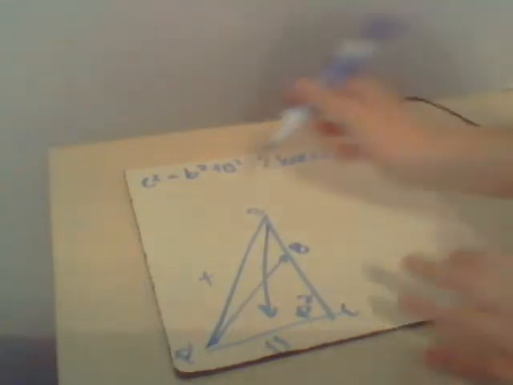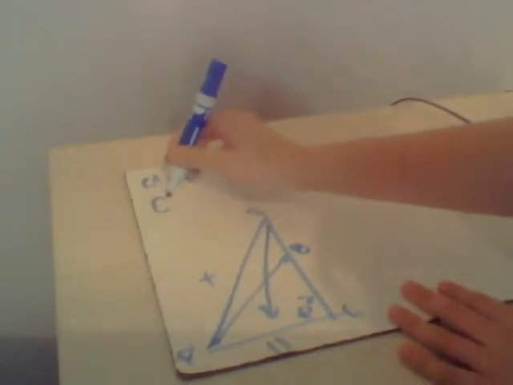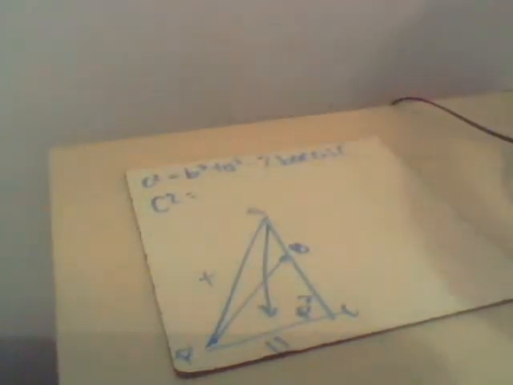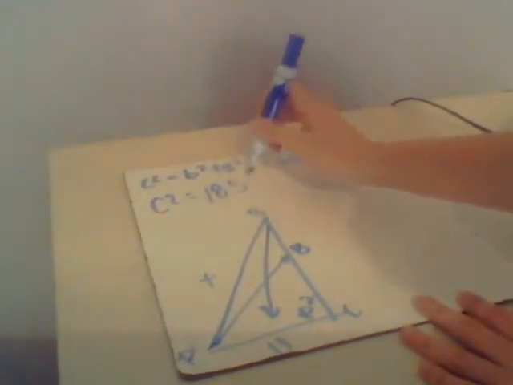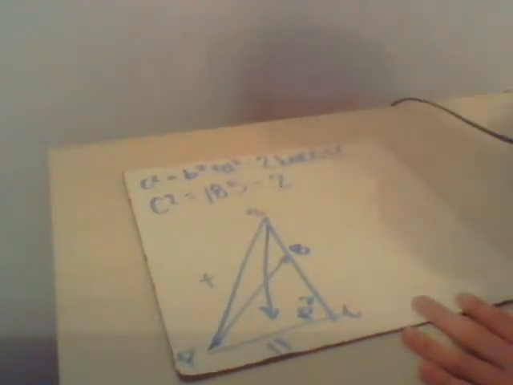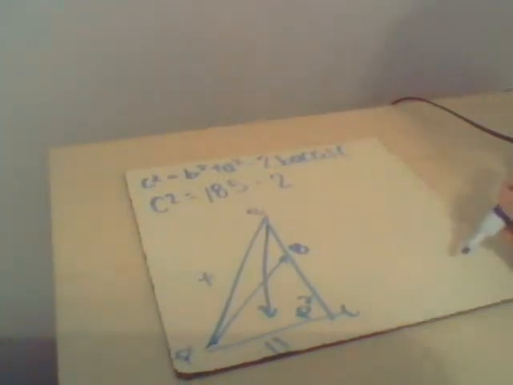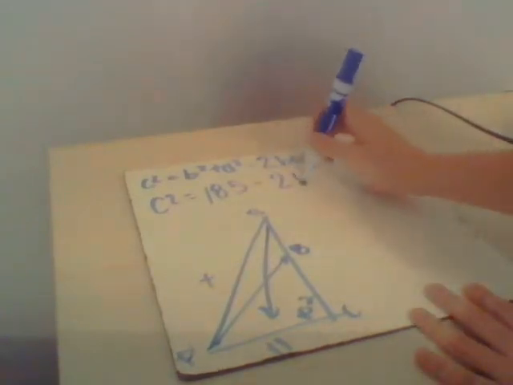So I'm just going to skip a step and plug in 11 squared plus 8 squared, which is 185, minus 2 times 8 times 11, which is 176.